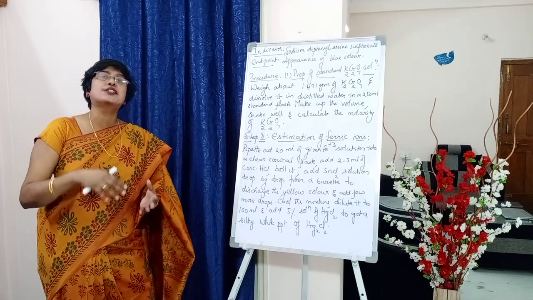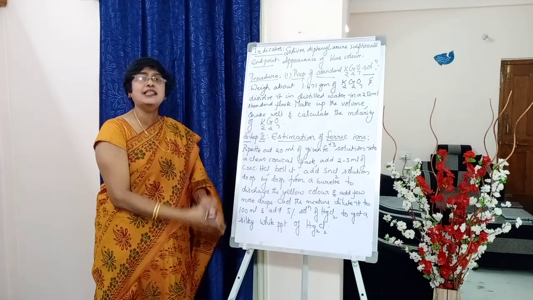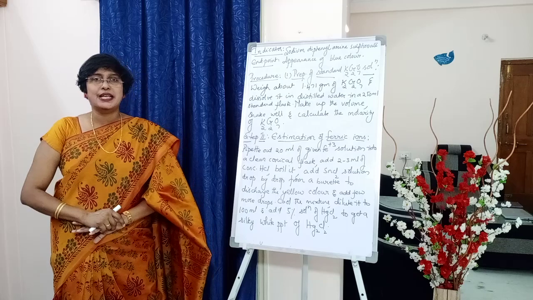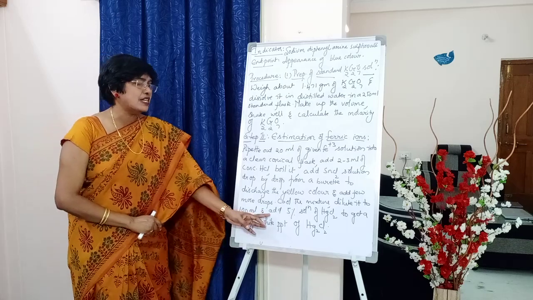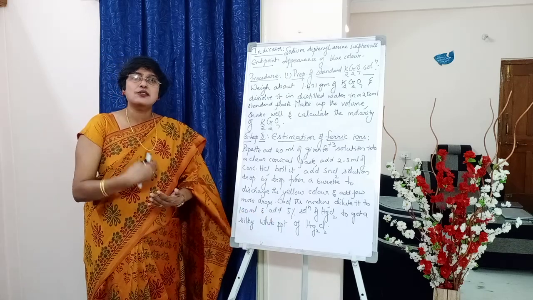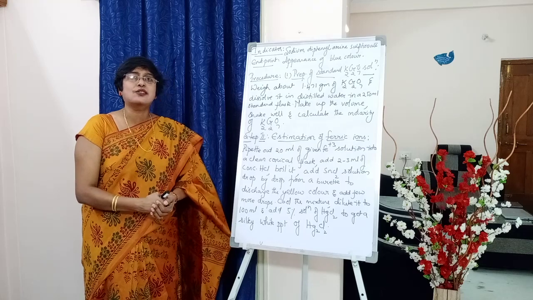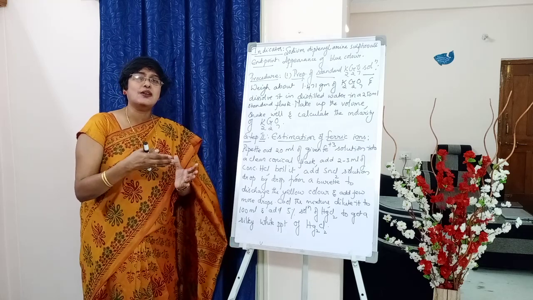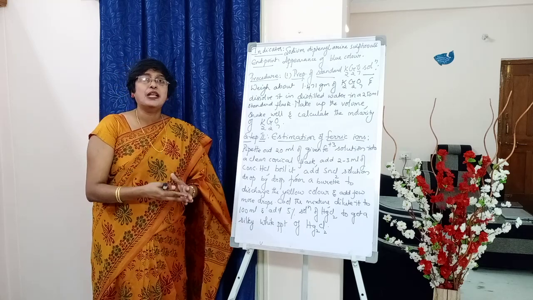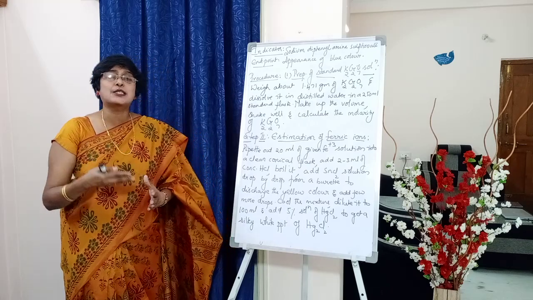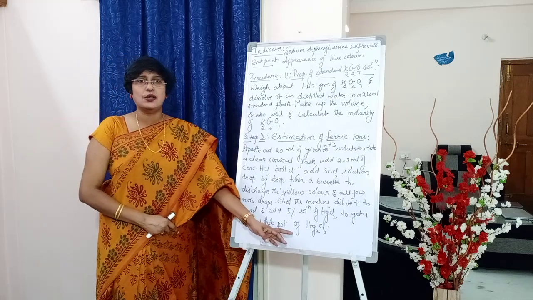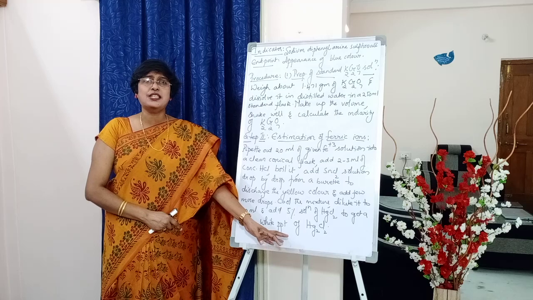Then what we have to do? We should discard that one and again start from the beginning. That's why it's not mentioned here how much to take. So slowly we will add HgCl2 solution so that in the conical flask we obtain a silky white precipitate of mercurous chloride. Understood, students? Till here the procedure.